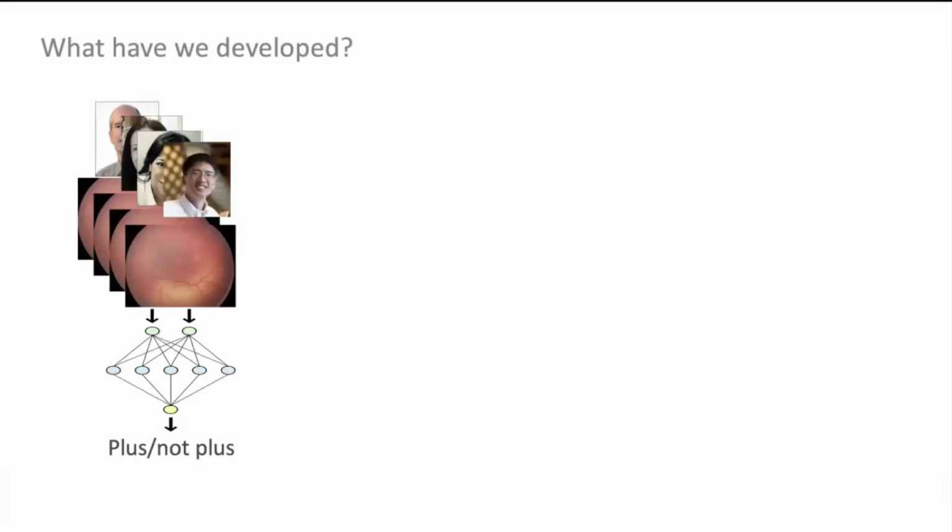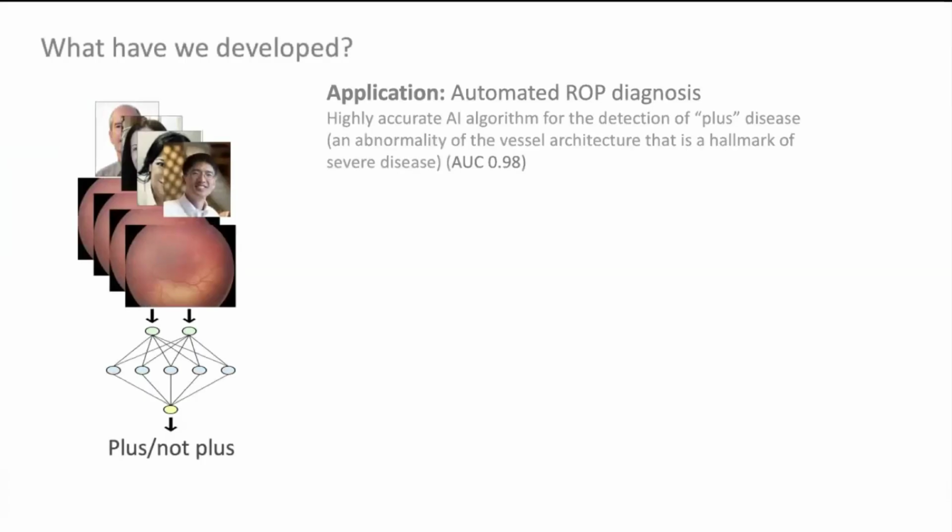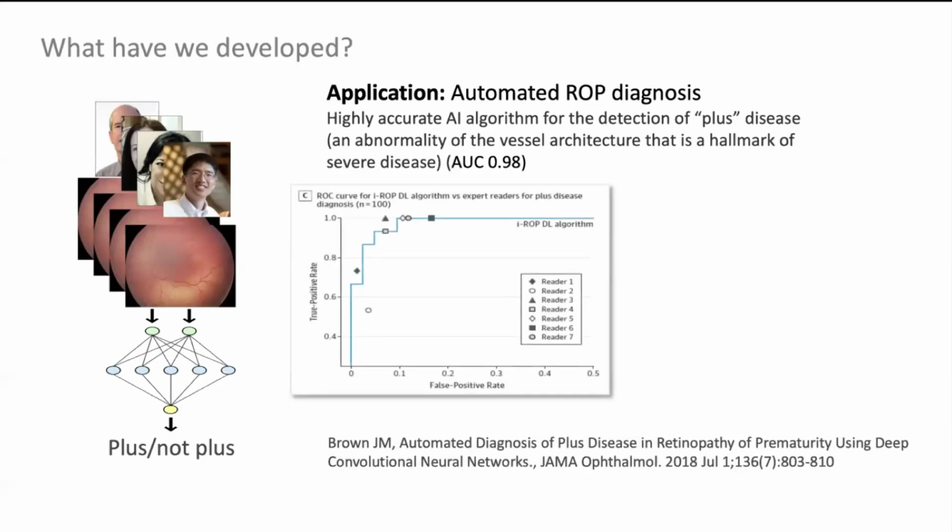So using fairly standard techniques, we developed a classification system for this ROP, especially for this plus disease, which is the hallmark of severe disease, and essentially you're looking at the vascular architecture. What we'll notice here is when we compared our algorithm to the performance of clinicians, we see an ROC that you typically see published in the literature for these classification networks.